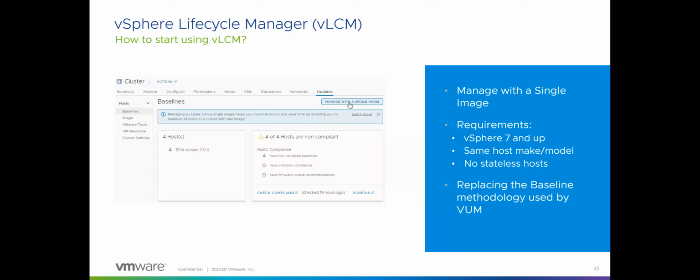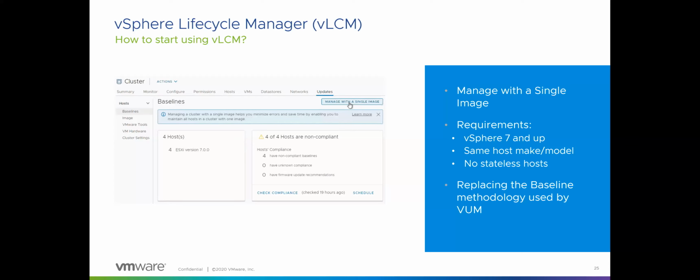Theoretically, you could even use different host vendors, but that would limit you to just using the ESXi base image of VLCM, so you will not be using VLCM to its fullest capabilities. We definitely recommend the same host make for the entire cluster, and the model is a different thing, maybe.